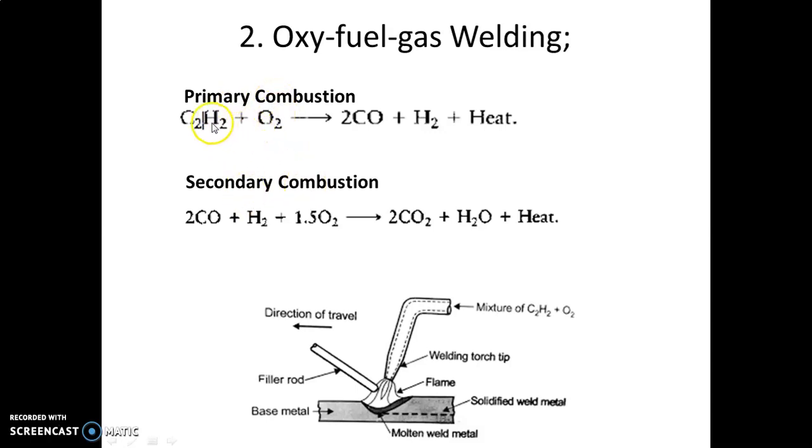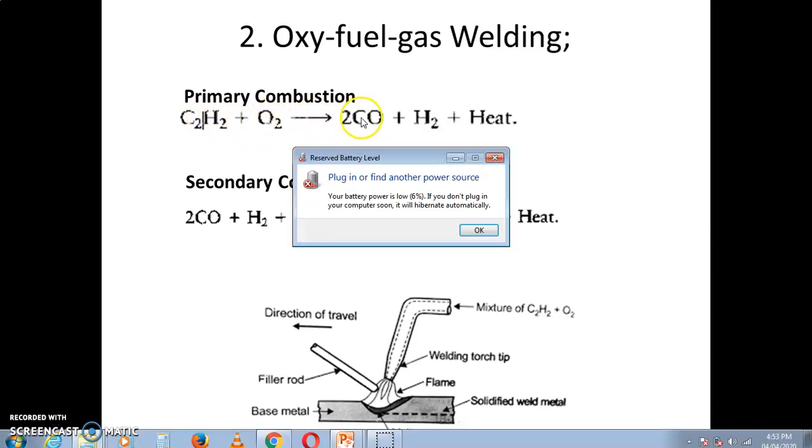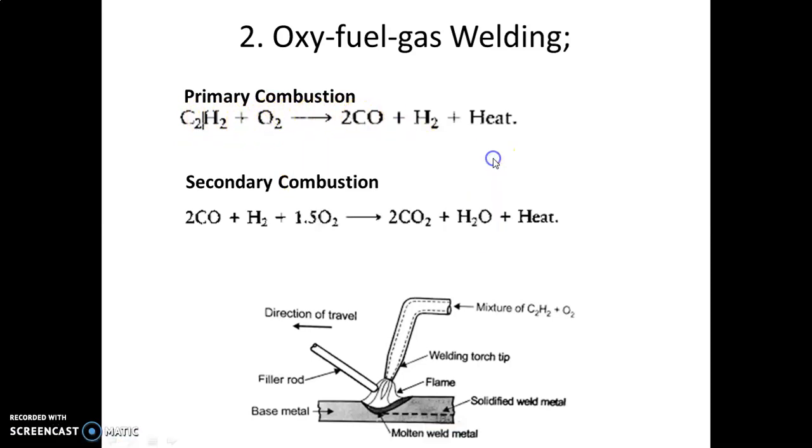In primary combustion, acetylene gas reacts with oxygen and decomposes into carbon monoxide and hydrogen gas. Along with that, heat is also produced. This heat is 1/3 of the total heat developed during the welding process.